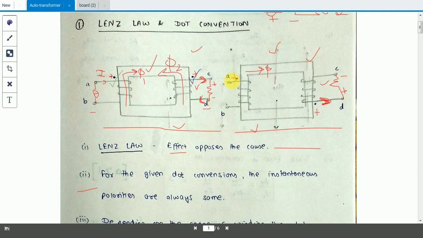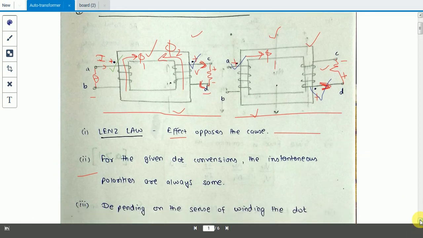Here also the current is entering the dot in the first terminal and it has to exit the dot in the other terminal for Lenz law to be applicable. So this is the thumb rule that you need to remember, because we'll be using this rule a lot in the cases of two winding transformer and the auto transformer. This is the observation that we have inferred from these two cases that we have studied right now.